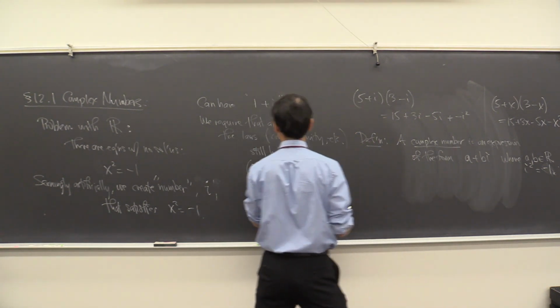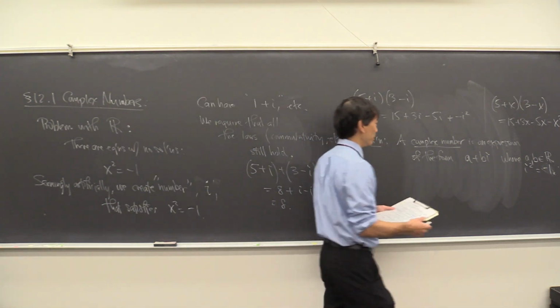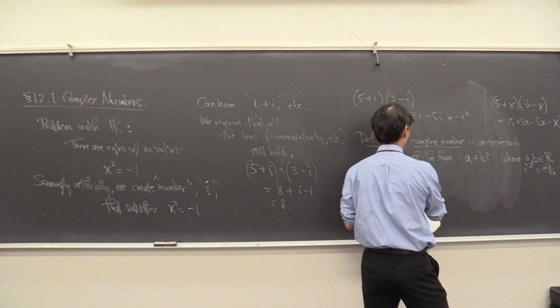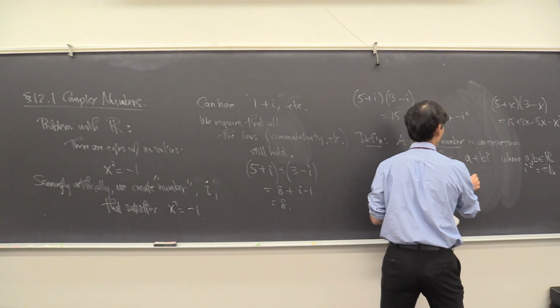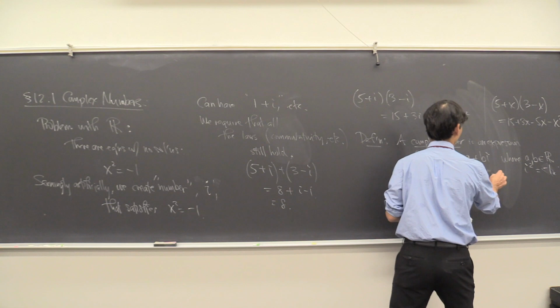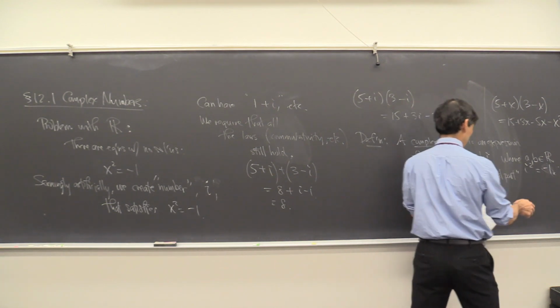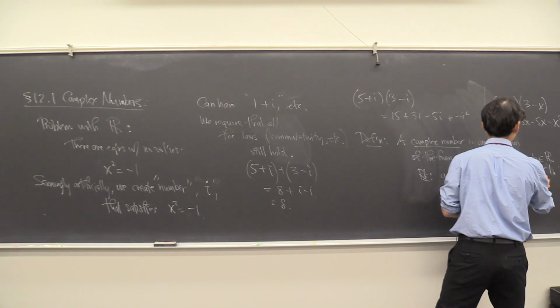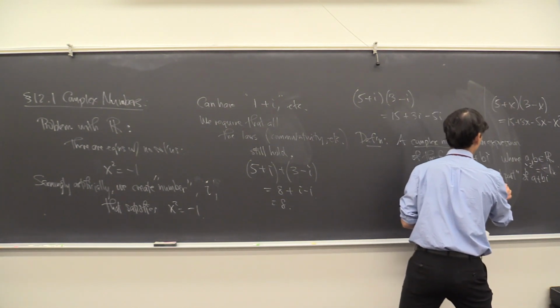So this 5 plus i over here is a complex number, right? And a is called the real part of the number, and b is called the imaginary part.